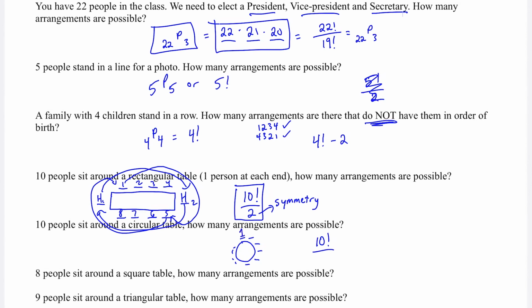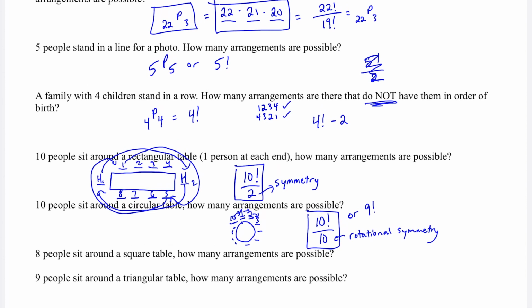So if we think of this as position 1 here, and this is position 2 and 3, and this is position 10 right there, if everybody just picked up and moved one position clockwise, including the other people 4 through 9, it would be the exact same picture. So somehow we need to take care of this fact that it would rotate and everybody would be the exact same. So this time there are 10 rotational symmetries. So the answer is 10 factorial over 10, which is just equal to 9 factorial.